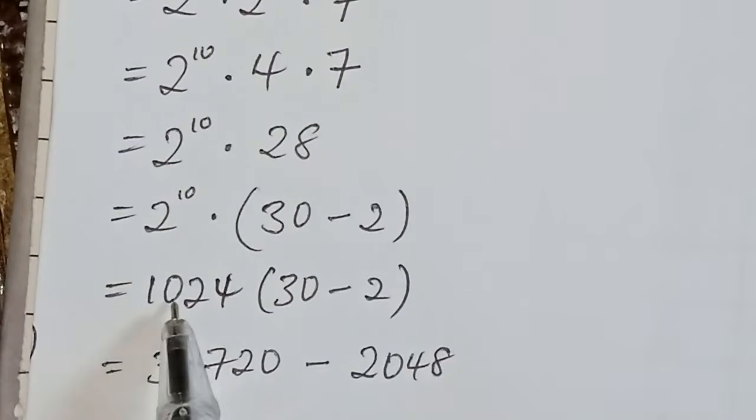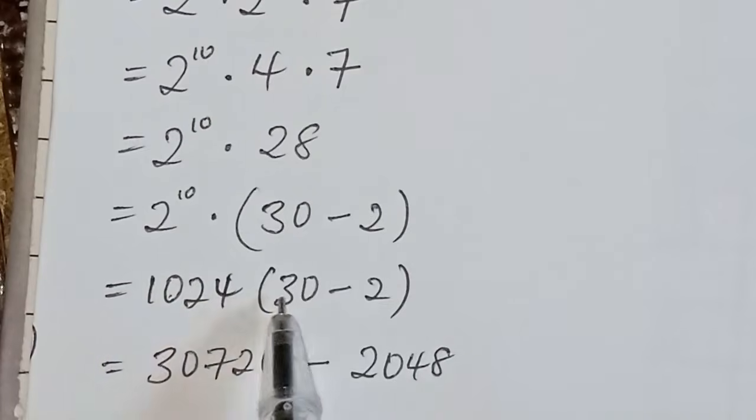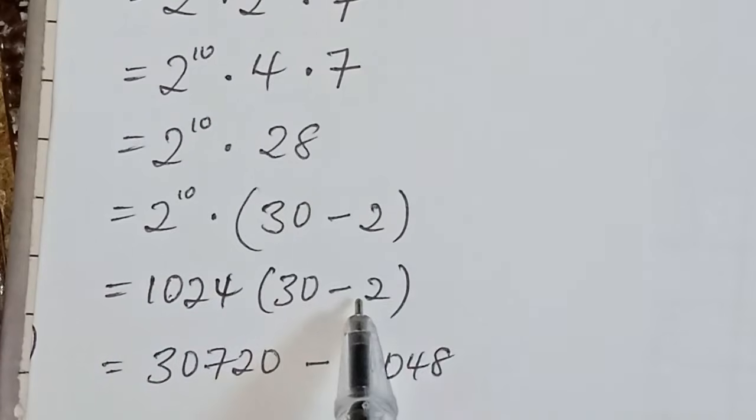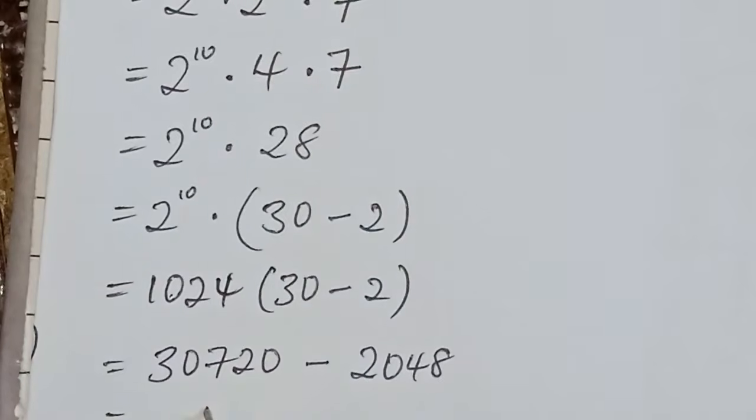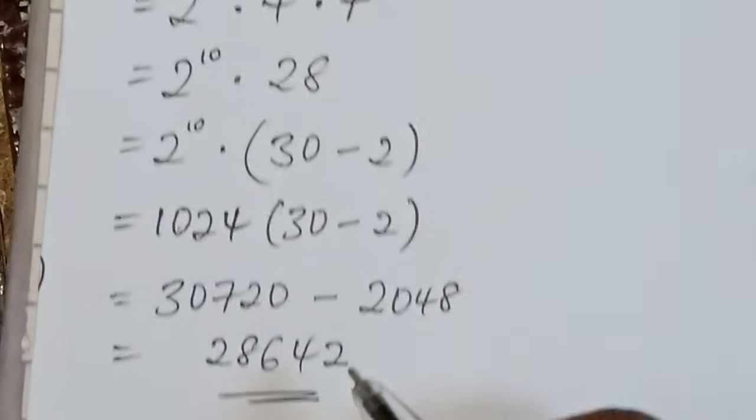That will be the value for multiplying this value with the expression in the bracket. So if we subtract this, we now have 28,672 as our final value.